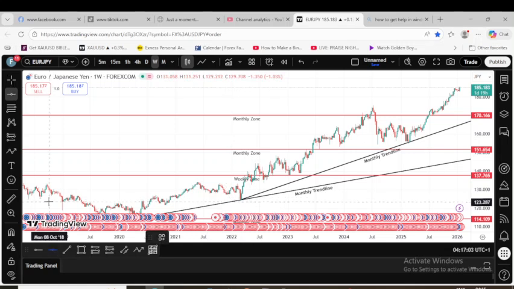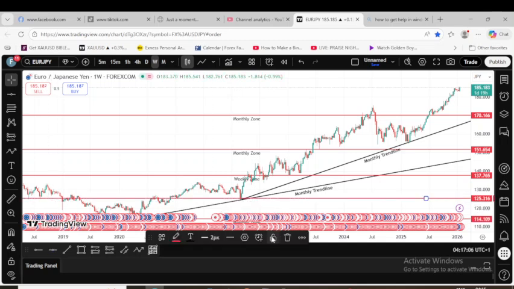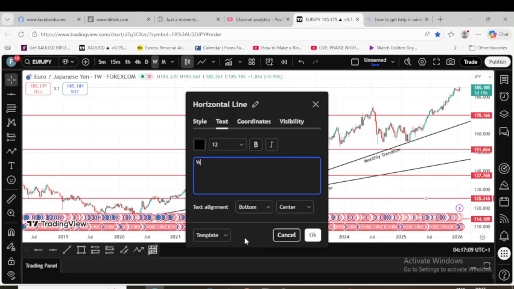We have another zone here. This is another weekly zone.